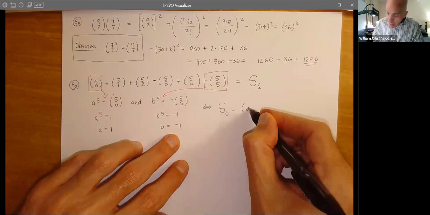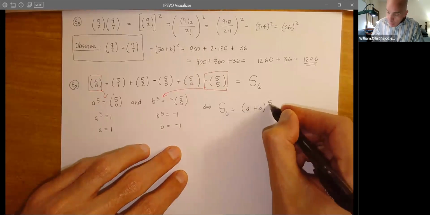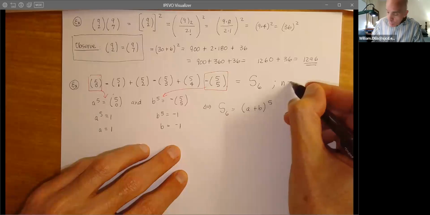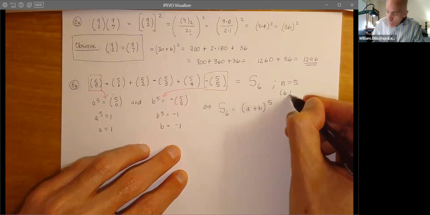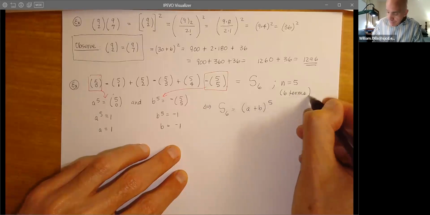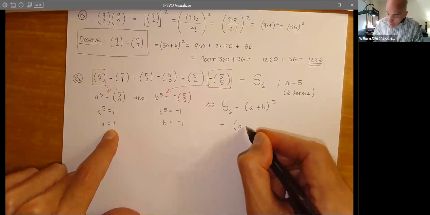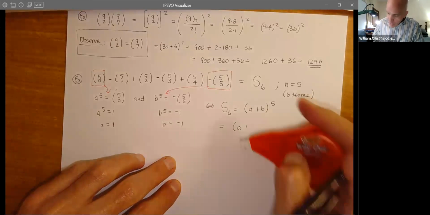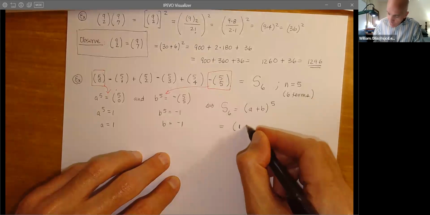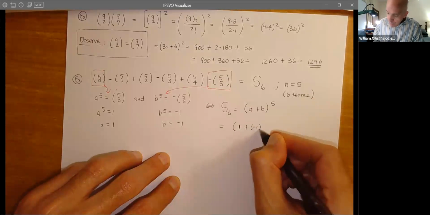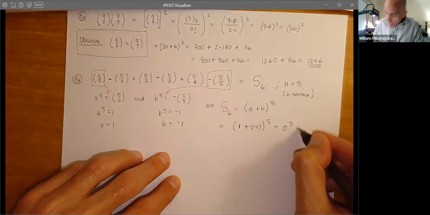We have A plus B to the 5th power binomial. So n is equal to 5. And remember, this means 6 terms. So this will give us, let's fill it in. So we have A, let's go ahead and fill in A, Professor Ron. Let's call it a 1, very good, plus a -1 to the 5th. So that's a 0 to the 5th, which is 0.